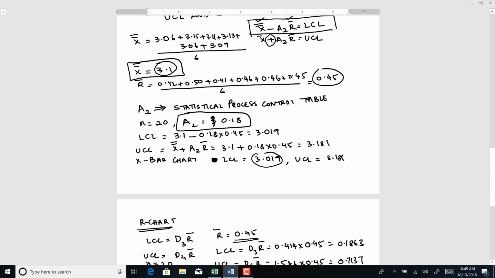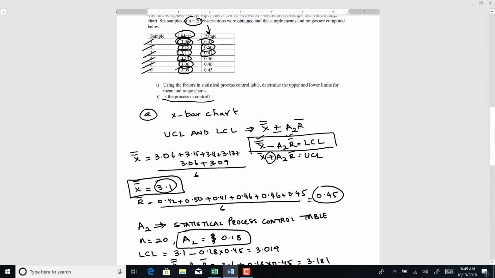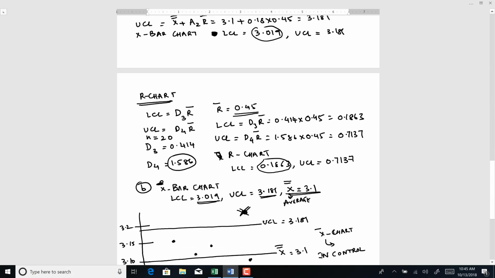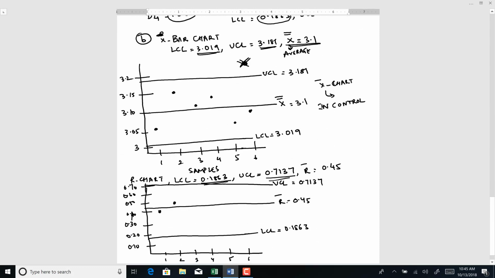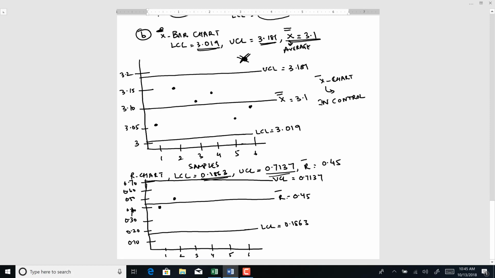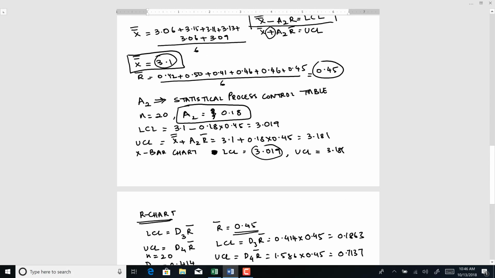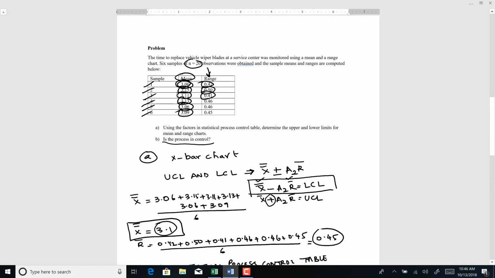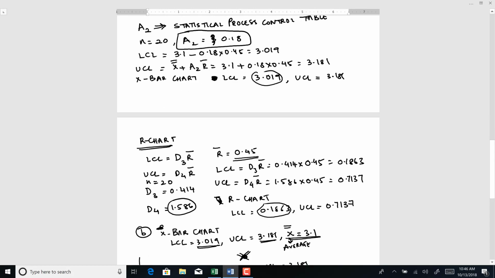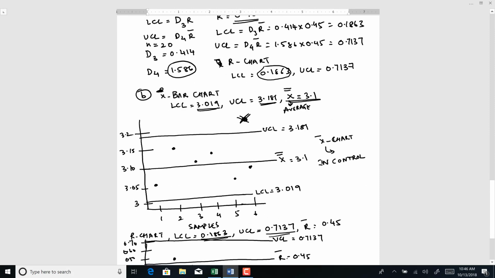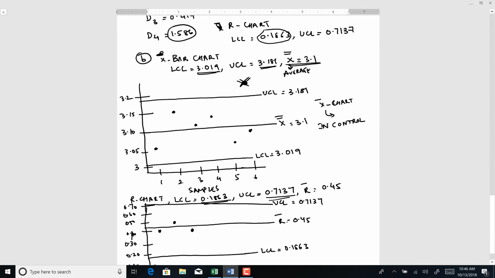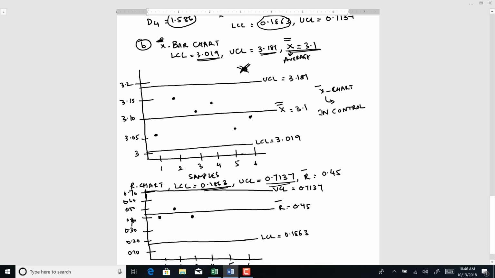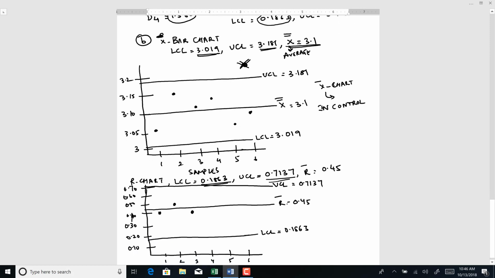The third one is 0.41, again somewhere here, and then the next one is 0.46, which would be somewhere here.